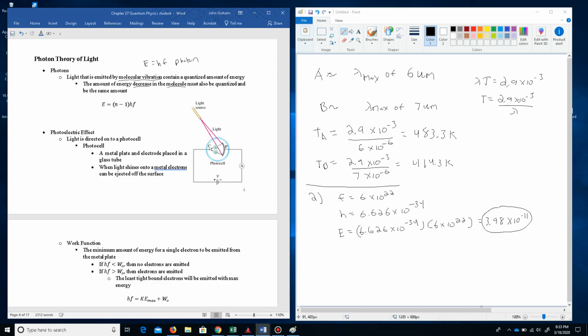This is the energy within the molecule. Okay, so if we expand this, we get nhf minus the hf. And this is going to be the energy of the photon being emitted. And this again is the energy of the molecule.